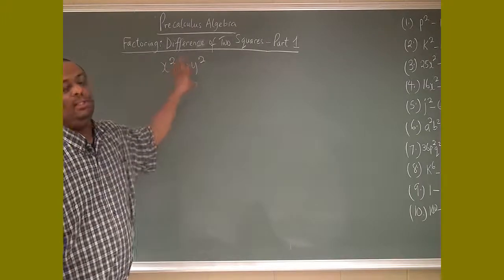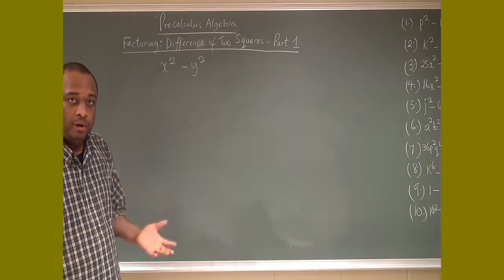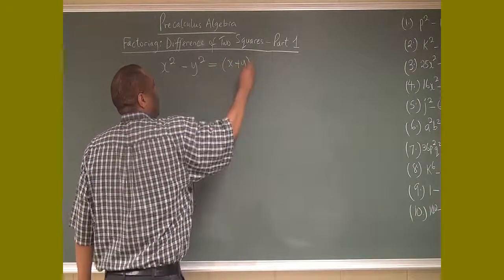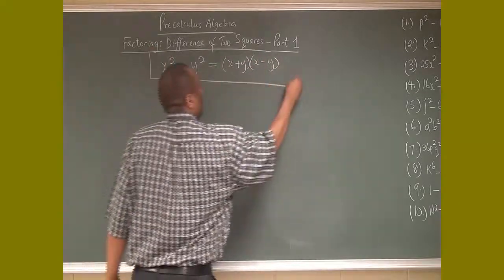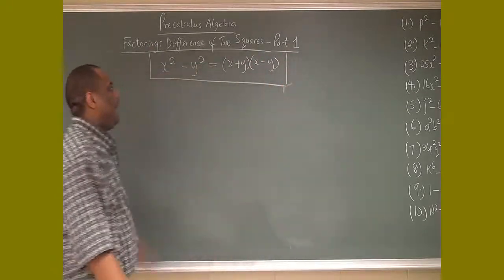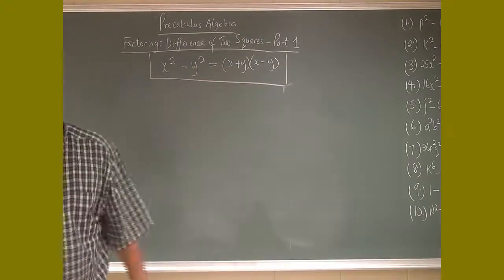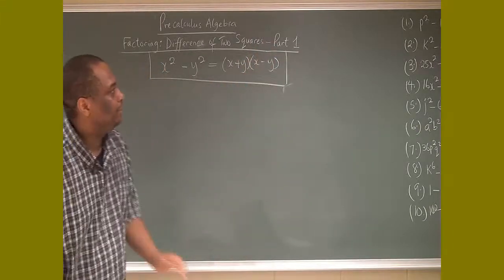Once we can get it to look like this, then we can apply the difference of two squares: x plus y times x minus y. So this is the basic. All our problems, we want them to look this way so that we can easily apply it right away. And this is part one, so watch out for part two.